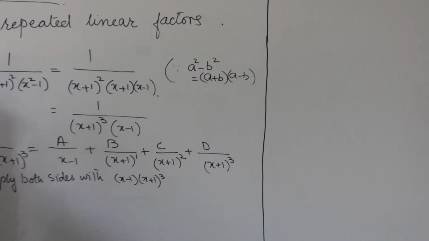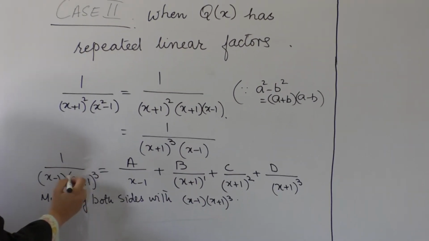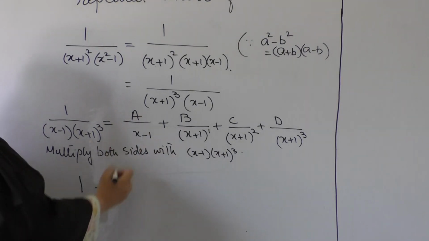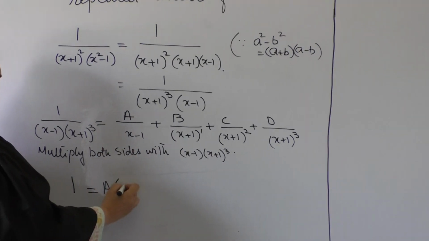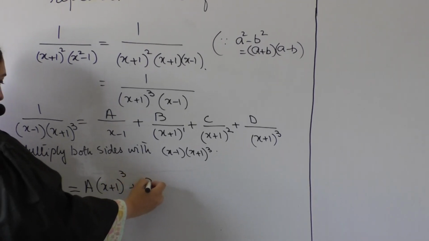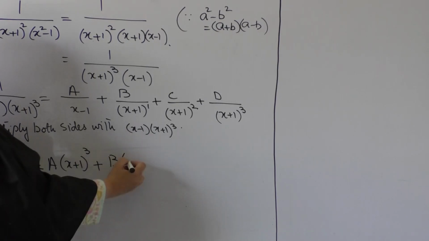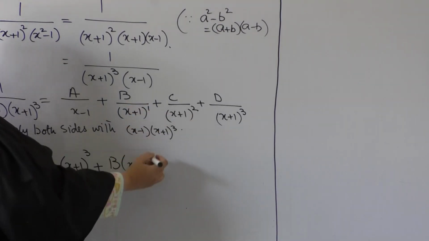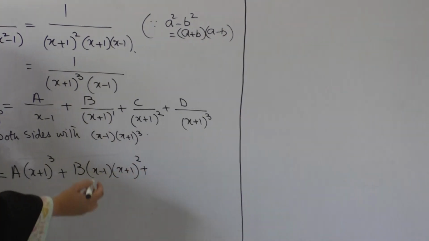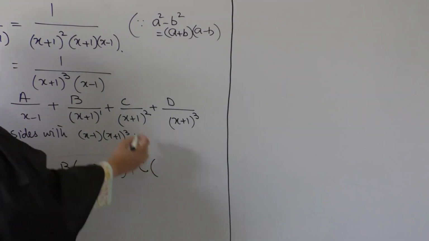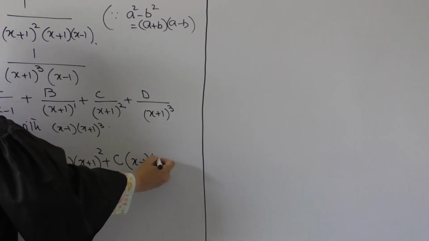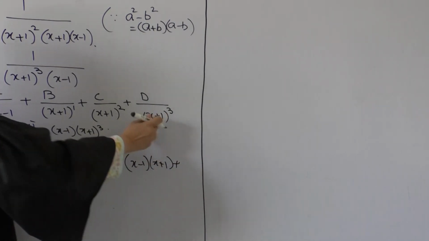When we multiply both sides, from left side these two factors will be cancelled and we will be left with 1 is equal to a, x plus 1 cube, plus b, x minus 1, one of the factors will be cancelled and it becomes x plus 1 raised to the power 2, plus c, x plus 1 square will be cancelled. So we will be left with x minus 1, x plus 1, and for the d, x minus 1.